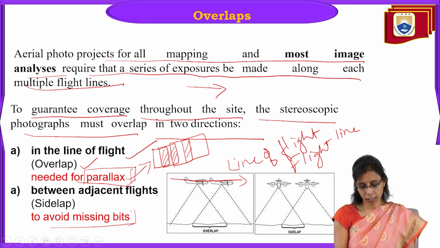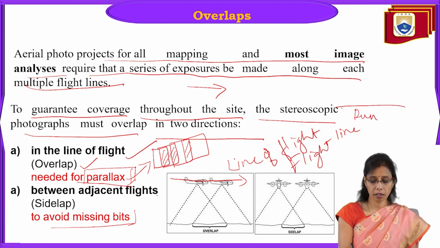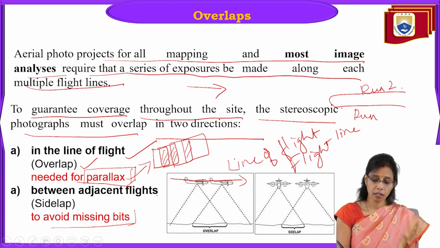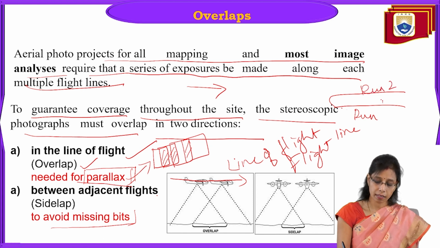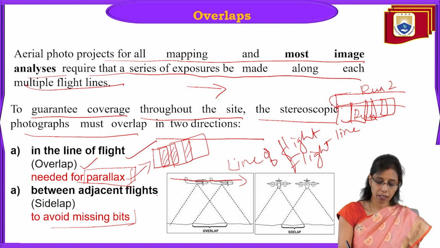Between the adjacent flights means, as we have seen in the previous slide, there is a run 1 from here to here, and run 2 from here to here. When it starts from here, it takes photo 1, 2, 3, 4, 5, right? When it returns back, again it will click photo 1, 2, 3.